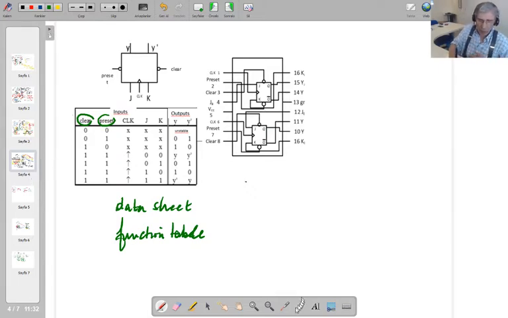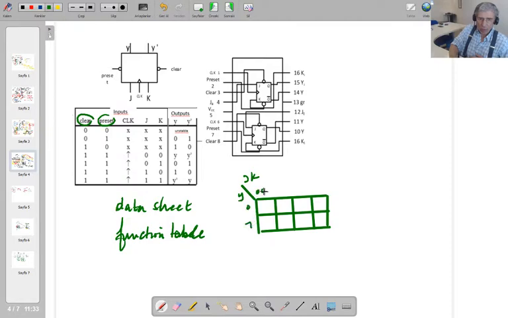So you've got to remember the definition relation of the JK memory element. I'll just remind you. JK small y: 0 1 0 0 0 1 1 1 1 0 0 1 0 0 1 0 1 1.